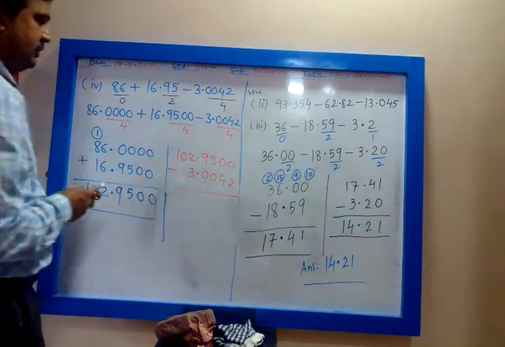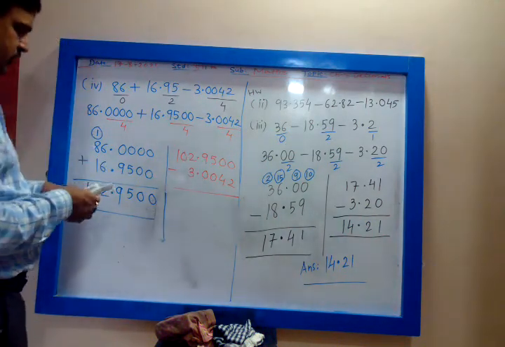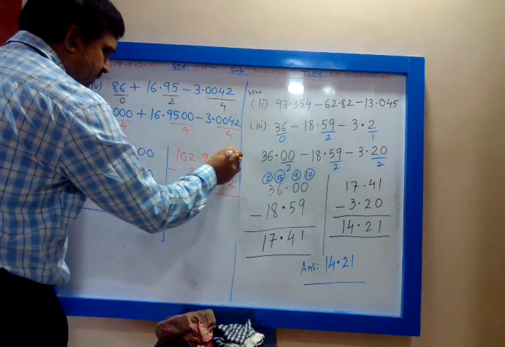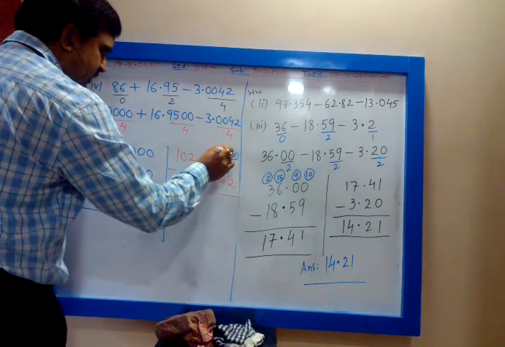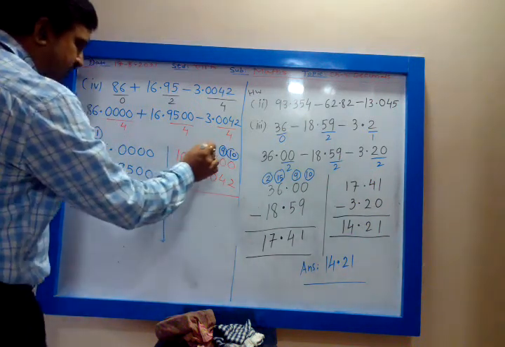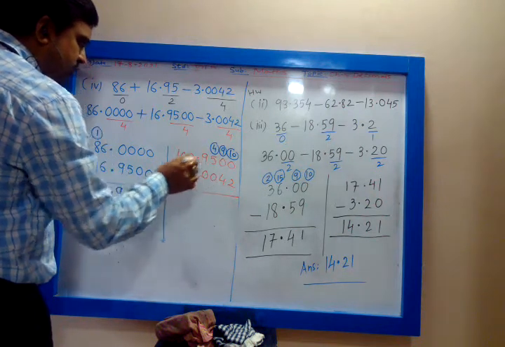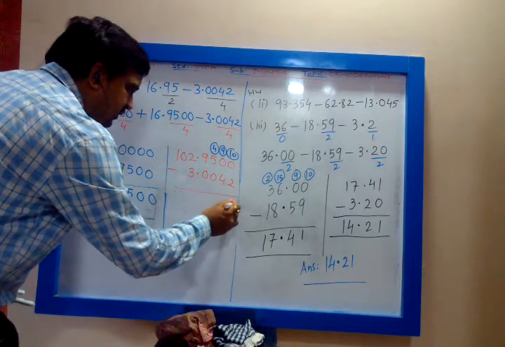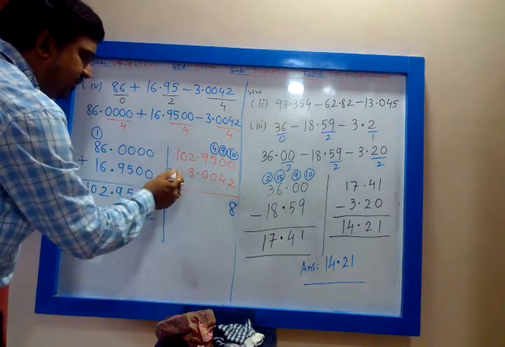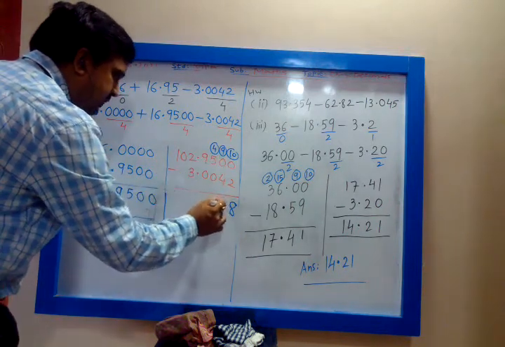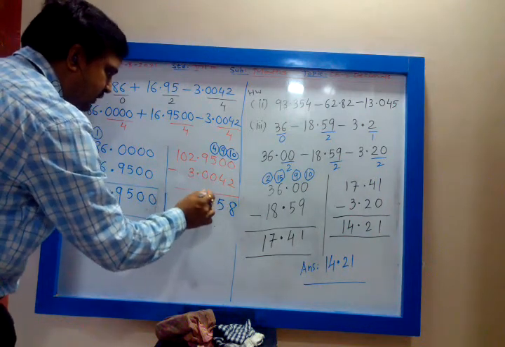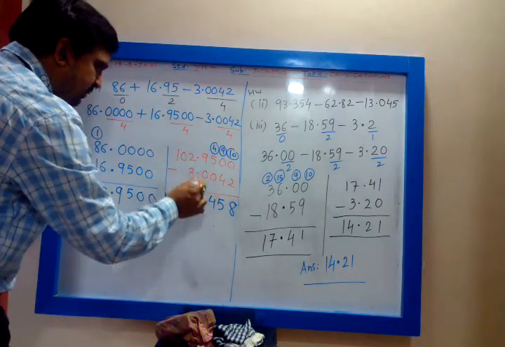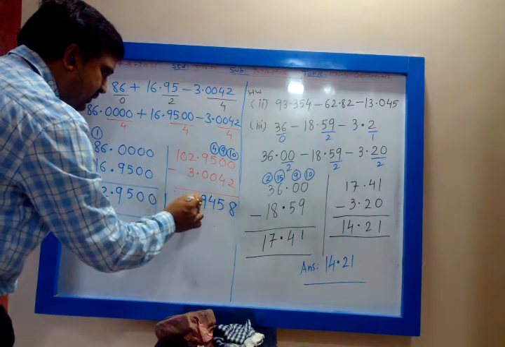This is 0, this is 0. So 2, so this becomes 10. This becomes 9. And 5 will become 4. 10 minus 2 is 8. 9 minus 4 is 5. 4 minus 0 is 4. 9 minus 0 is 9.